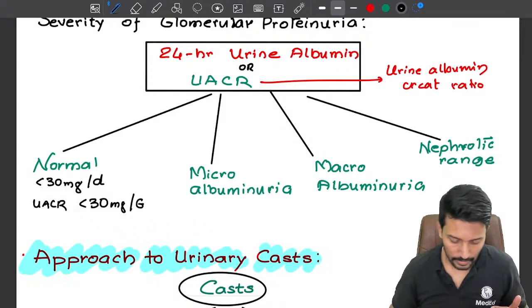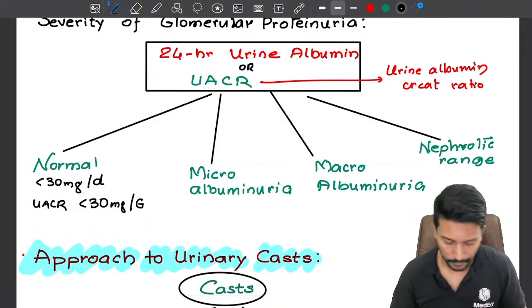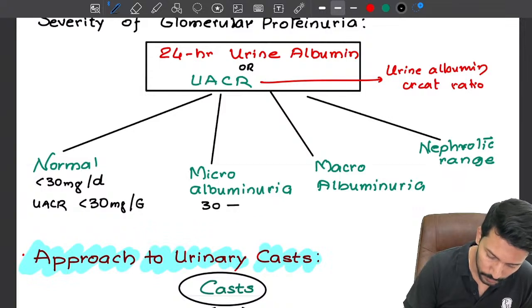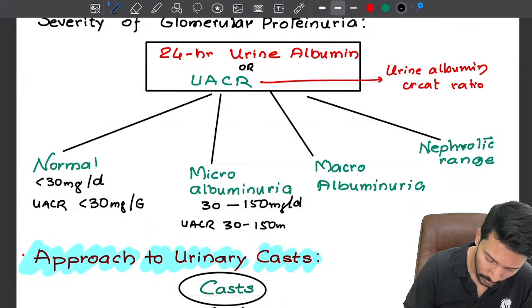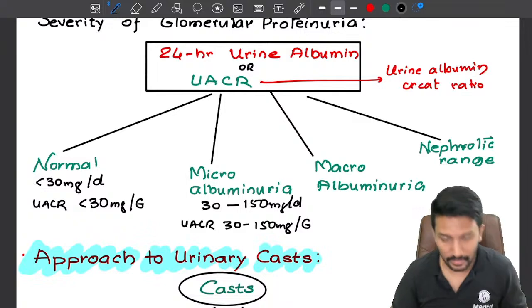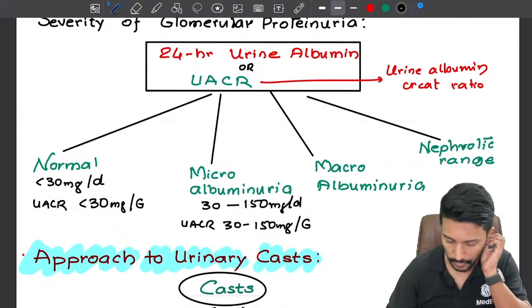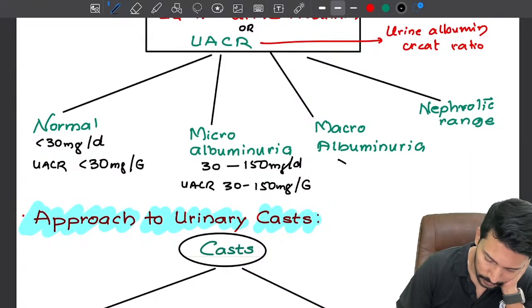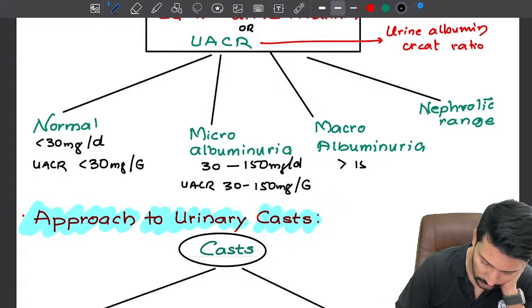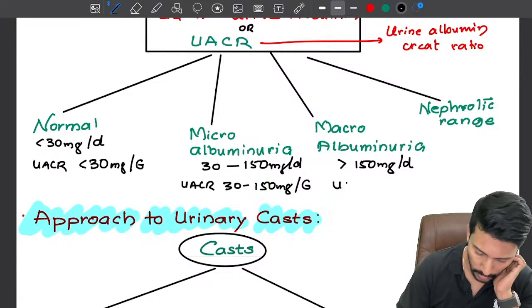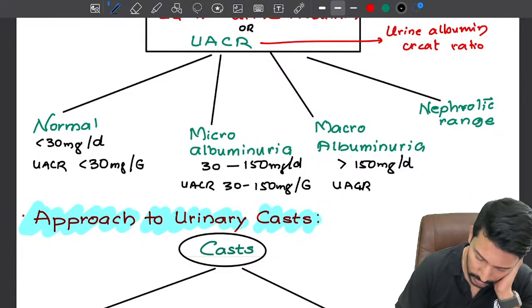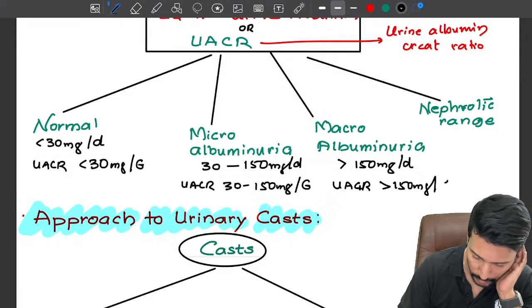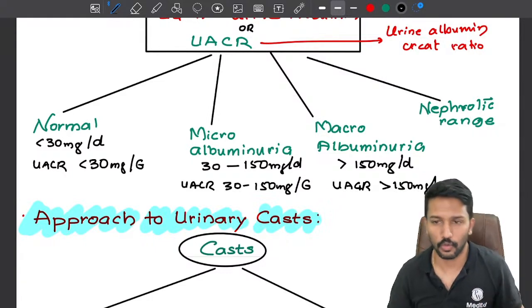When it is more than that, obviously there is proteinuria. As long as it is between 30 to 150 milligrams per day, or UACR between 30 to 150 milligrams of albumin per gram of creatinine, it is called microalbuminuria. When it is more than 150 milligrams per day, or urine albumin creat ratio is more than 150 milligrams of albumin per gram of creatinine, we call it macroalbuminuria.